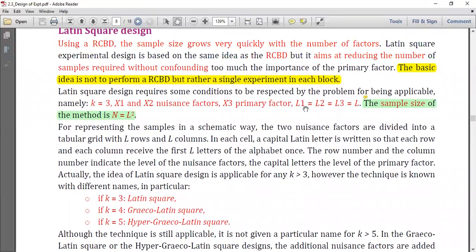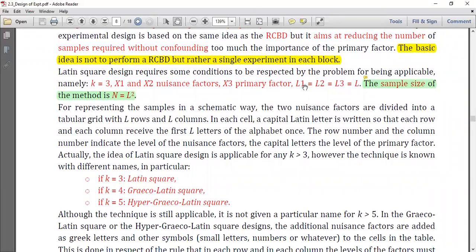Another special feature is that the level of each factor should be equal. That means the levels for factor 1, factor 2, factor 3. Factor 1, that is x1, is a nuisance factor, x2 is again a nuisance factor, x3 is the primary factor. For all three factors, that is k is equal to 3, the levels L1, L2 and L3 are equal.